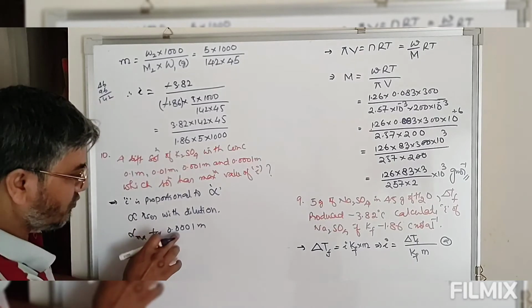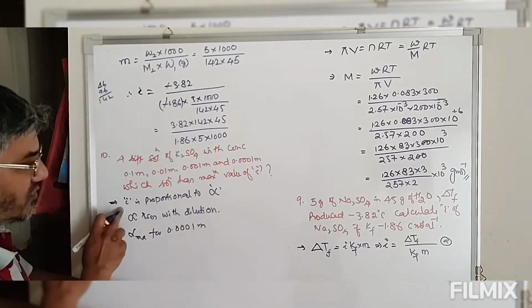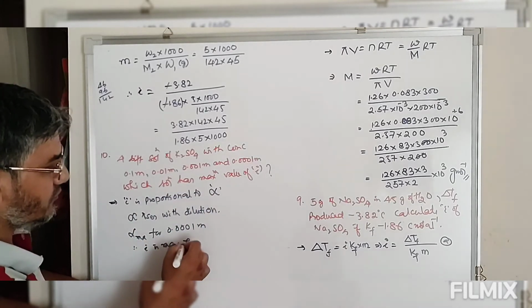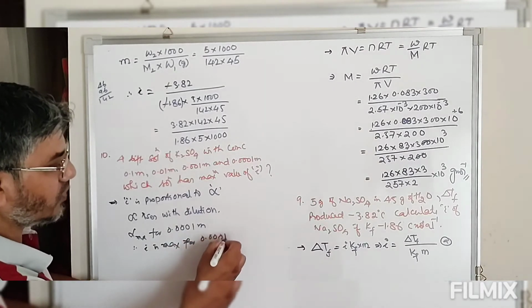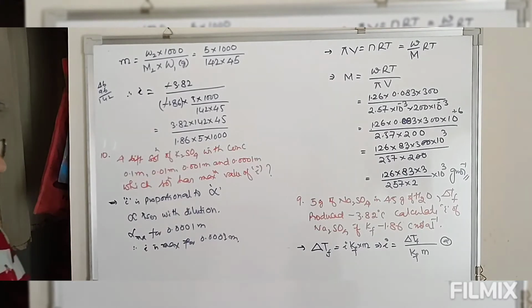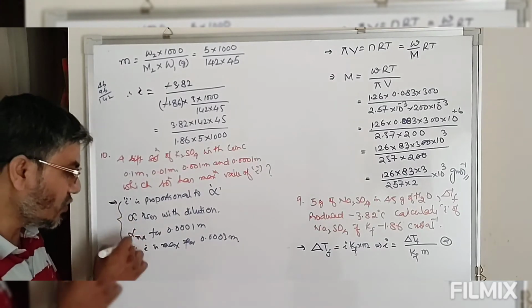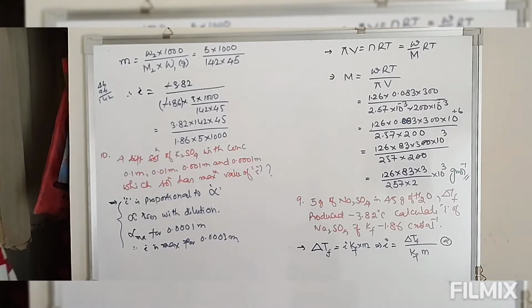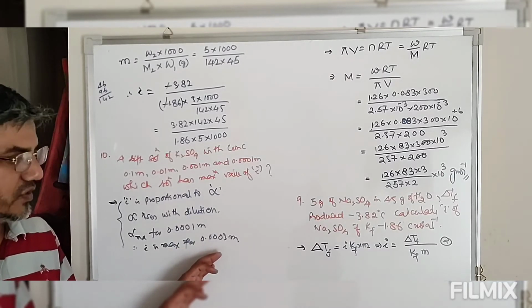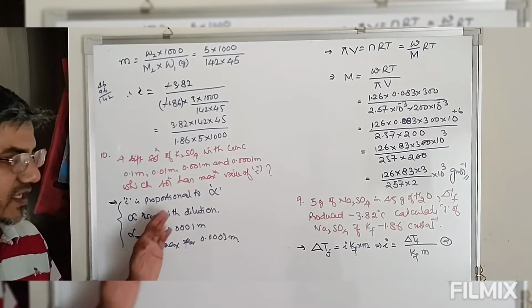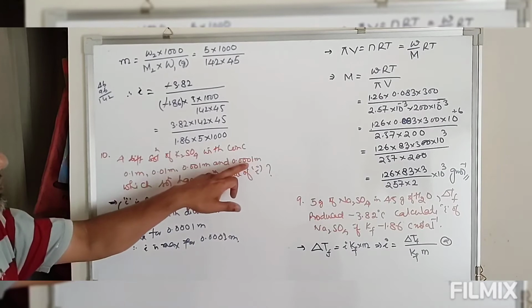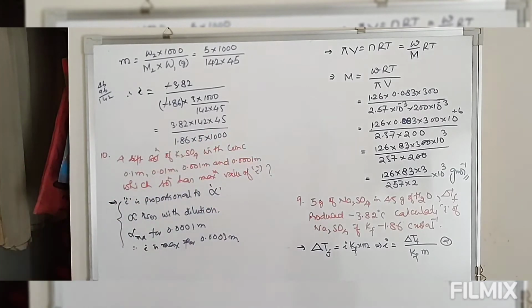If alpha is maximum, then I will be maximum for it. So simply I am saying as the dilution increases, alpha increases. As the alpha increases, the Van Hoff factor I also increases. So Van Hoff factor I is proportional to alpha, and alpha is inversely related to concentration. So as the concentration increases, alpha decreases, I factor will decrease. So I factor increases from 0.1 molar to 0.0001 molar solution.